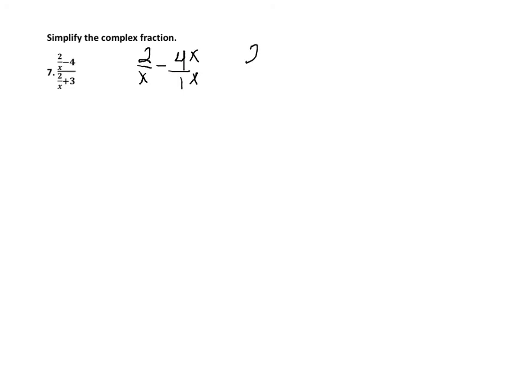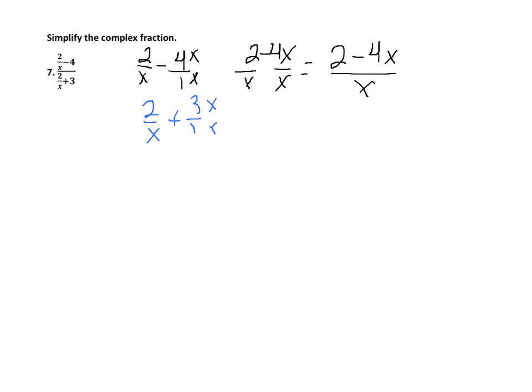So I have 2 minus 4x. So I get 2 minus 4x over x. There's my top. Now do the same thing for the bottom. 2 over x plus 3 over 1, x over x. So 2 over x plus 3x over x.